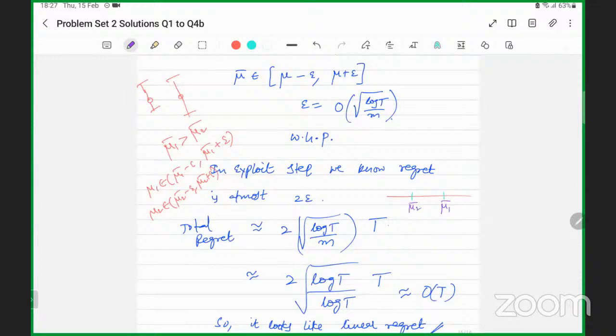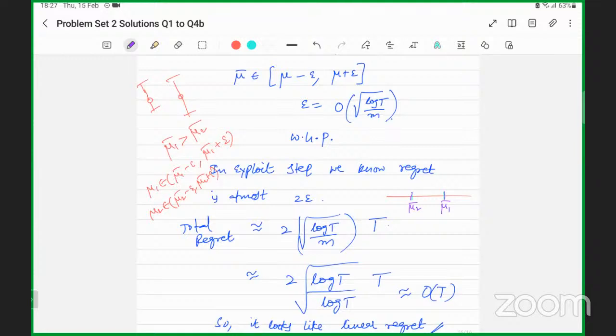So let's say mu1 bar and mu2 bar are like this, and we are assuming that this is a bad event, a bad thing to do because we are playing suboptimal. Only when we play a suboptimal arm will we get a regret, right?